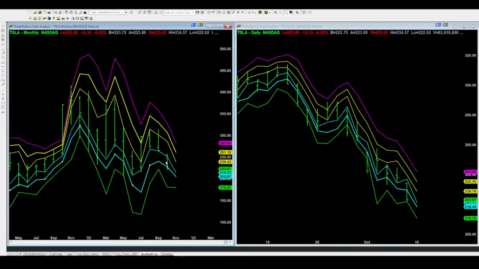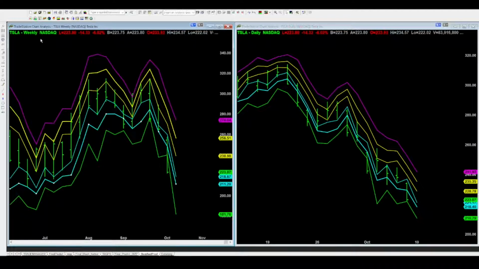So this is based on the monthly chart, and if you switch it to the weekly chart, you can see last week it opened here and continuously dropped, about a $35 drop last week.